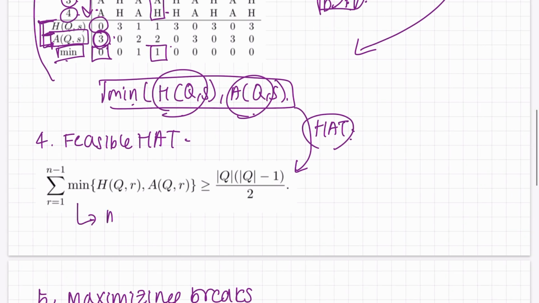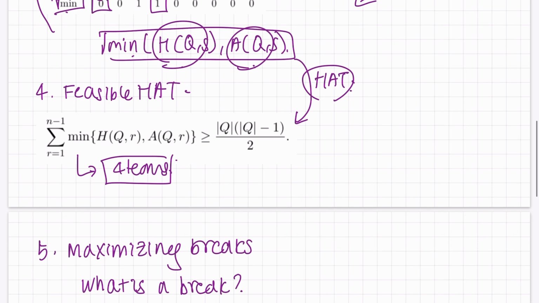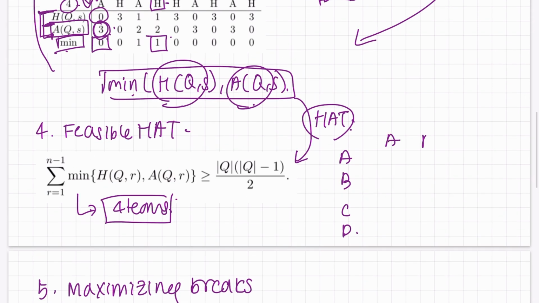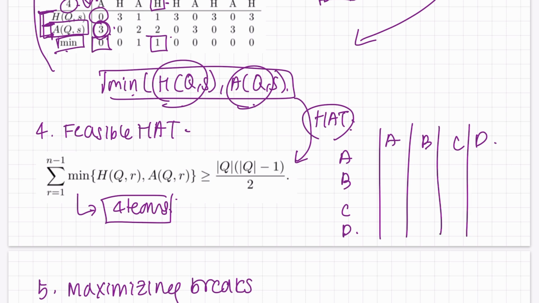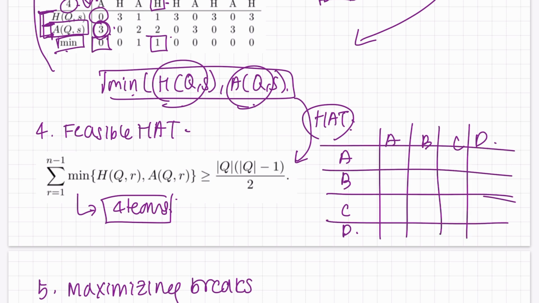So here, let's say that we have 4 teams, and because we have 4 teams, we're going to label those teams A, B, C, D. And because this is a round robin structure, we know that each of these teams is going to have to play all of the other teams.